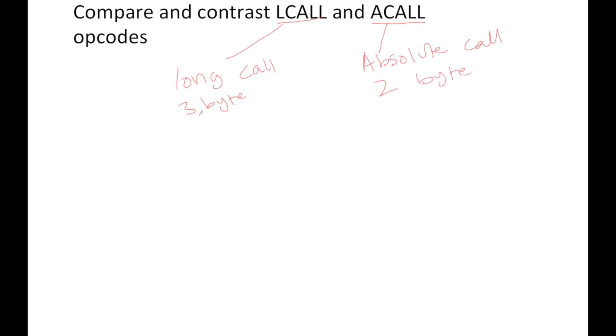So one of the fundamental differences between the two calls is that of the 3 bytes, 2 bytes are used to express the address. So 2 bytes means 16 bits, and therefore you can access a total of 64K memory space.